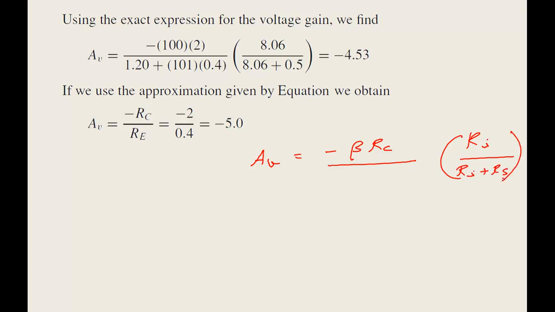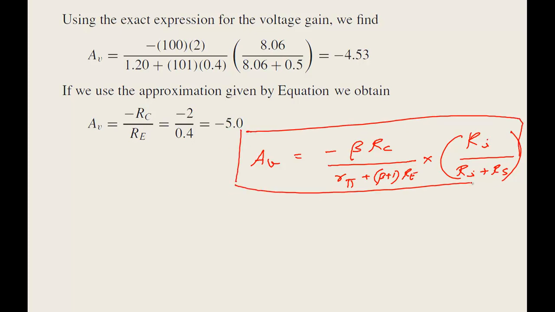This is our second equation, and this is R pi plus beta plus 1 into Re. This is the voltage gain equation that you will get when you substitute all of those things.